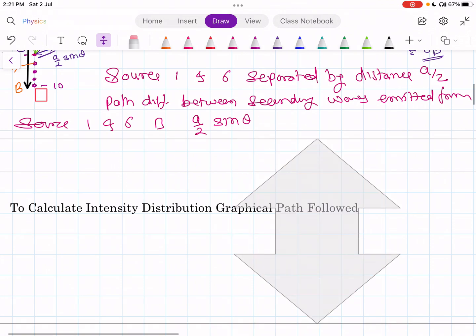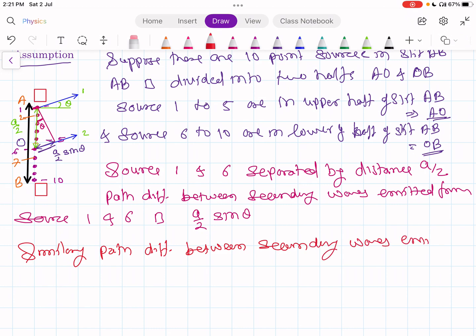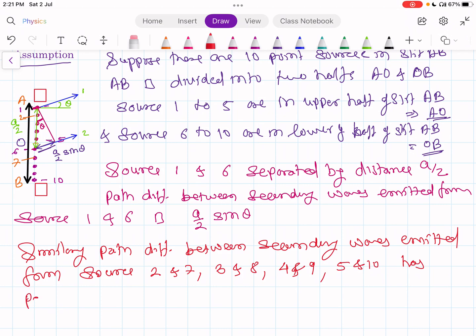Similarly, we can find the path difference between secondary waves emitted from source 2 and 7, source 3 and 8, source 4 and 9, and source 5 and 10, which has path difference a by 2 sine theta.